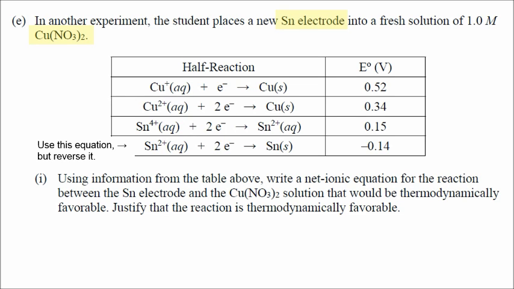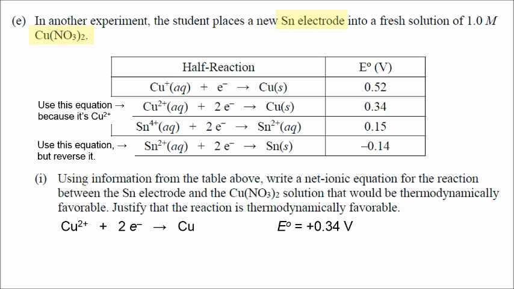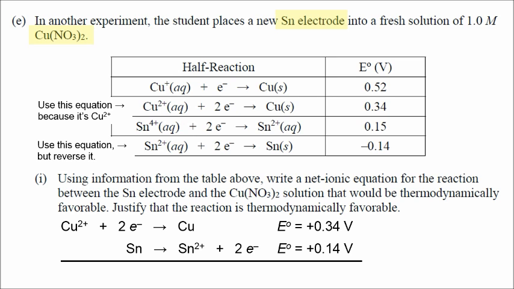So let's use this equation that has solid tin, but reverse it. Let's use this equation because it has copper 2+ ions. So we're going to write the copper 2+ on the left, so we're not going to change that reaction at all. We're going to flip the tin half reaction, so the electrons will cancel out, and we have an overall cell potential of 0.48 volts.